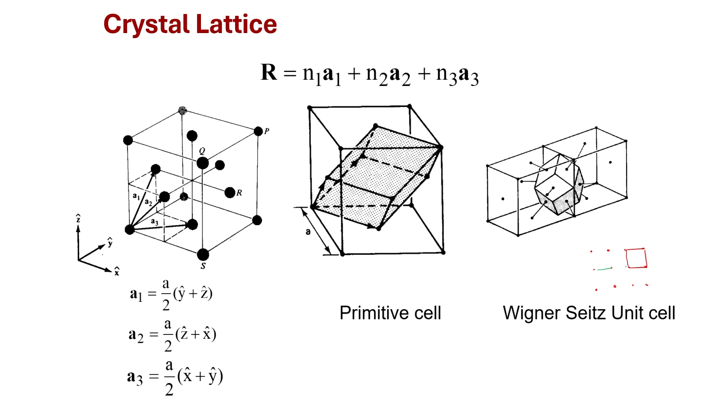First draw the connectors to the nearest neighbors, then draw the perpendicular bisectors to these, and then draw the cell around it. The cell will be this. This is also a primitive cell. It only contains one lattice point, but this is called the Wigner-Seitz cell. Again, it is a primitive cell. Now, the lattice point is inside it rather than being at the corners of the cell. So, basically this is a primitive cell in real space.